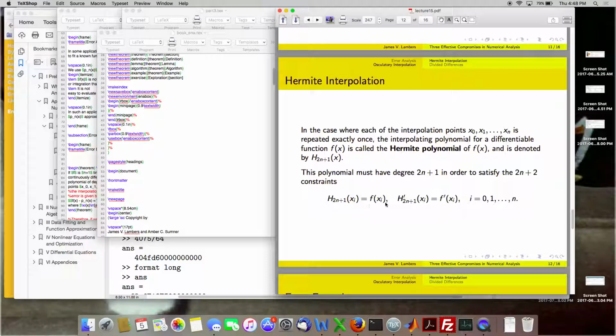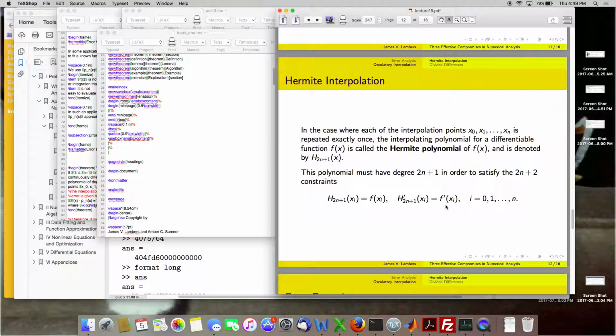So here are the conditions that a Hermite interpolating polynomial satisfies. It has to match the function values at all the x's, and we had that before. The new conditions are that the derivatives have to match at those same points. Now, in the textbook, I show how you can represent the Hermite interpolating polynomial using polynomials that are not Lagrange polynomials, but play a similar role, in that they're equal to 0 at certain points and 1 at certain points, and so are their derivatives.